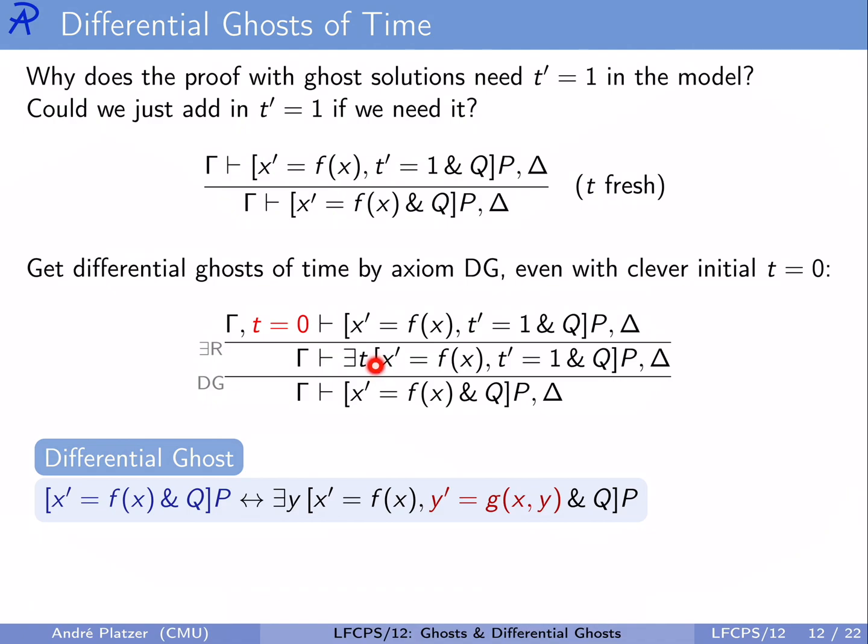Now, the initial value of the variable t we can choose in a clever way, for example, as initial time equals 0. And that means that if we work with the differential ghost axiom, we actually get a proof rule that's slightly more useful than the old differential ghosts of time proof rule suggestion, because it also makes it clear how it was okay to assume without loss of generality that the clock t prime equals 1 we've just added might as well start at the initial value 0, because the rest of the system didn't depend on it.